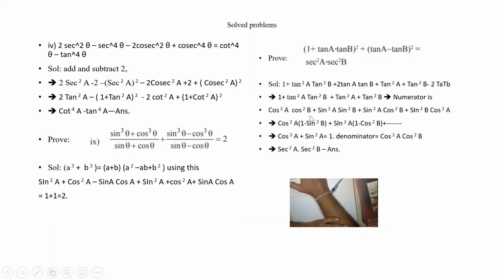So what is the denominator? Denominator is cos square A cos square B, nothing but secant square A secant square B, when it comes to the numerator.